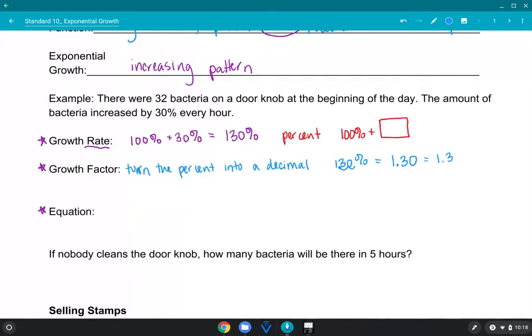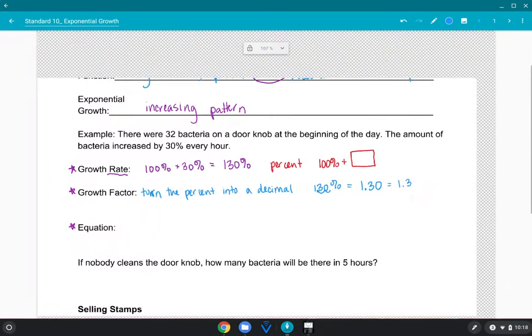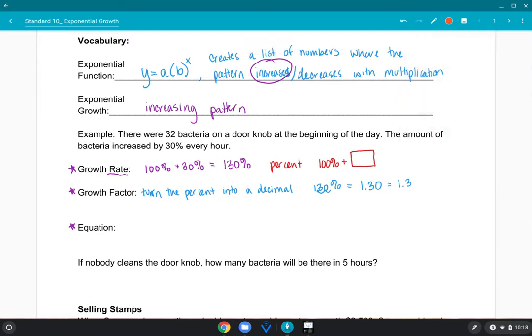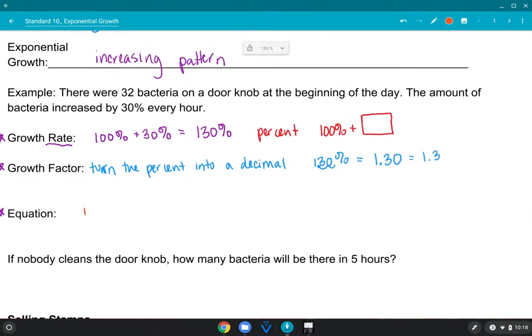Now your equation, and I showed you guys the equation up above. It's this weird thing right here, and it's really not that bad. So we're going to copy down that equation here: a times b to the power of x, and we're going to define some things. This here is the starting point. So we know how many bacteria were there at the beginning. 32.